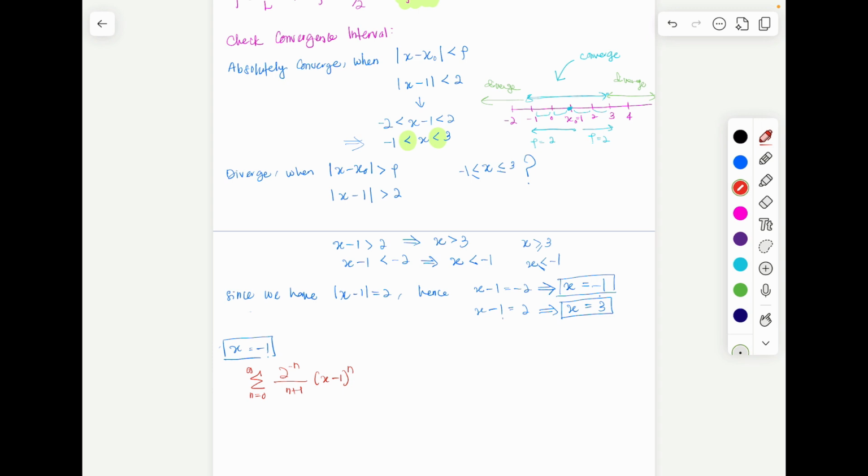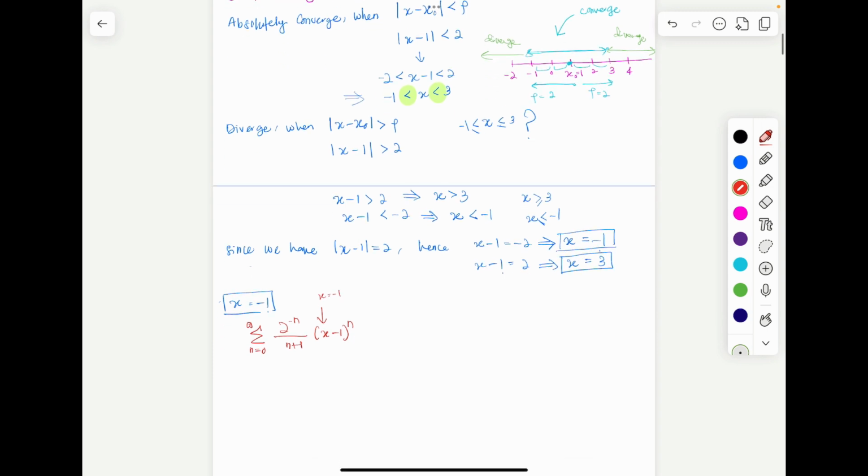So the x that we want to substitute, we substitute this x as negative 1. Then you would obtain 2 to the power of negative n over n plus 1, times negative 1 minus 1 to the power of n. This gives you negative 2 to the power of n.